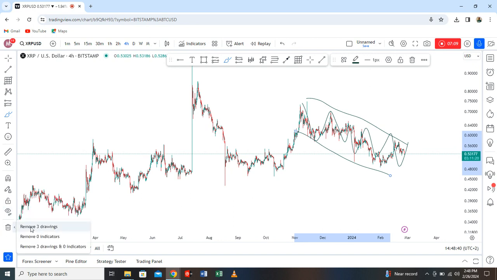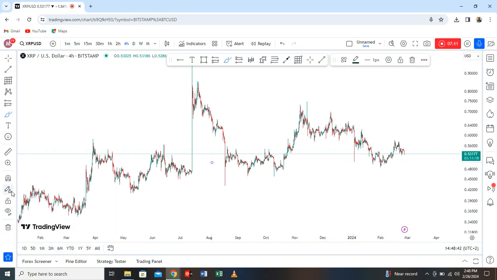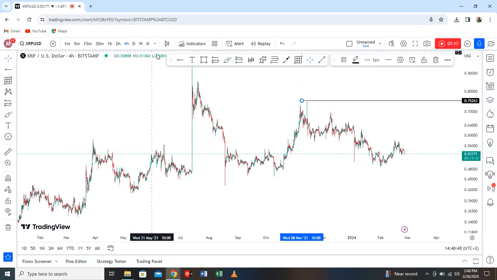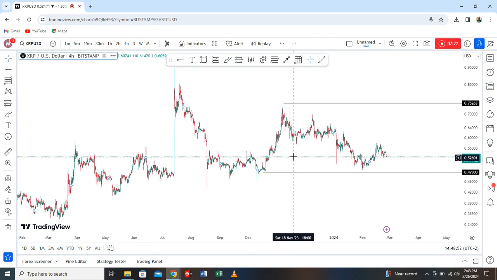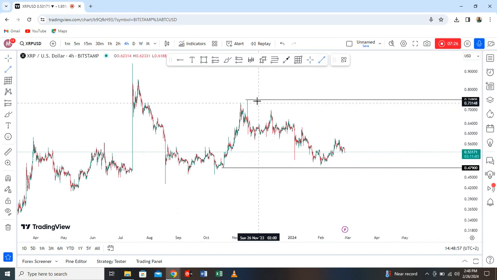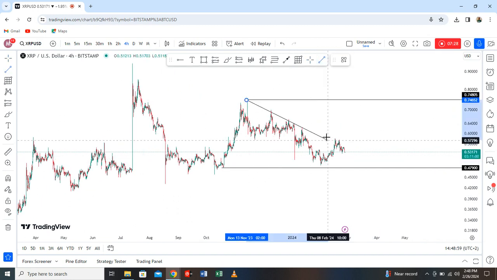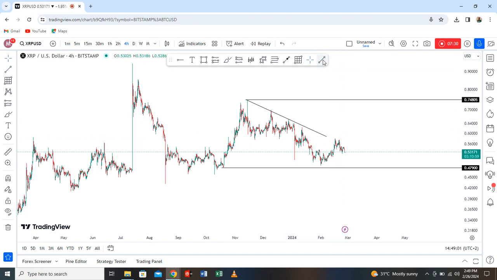So when I start analyzing this one directly from 4 hour time frame, let me just clear everything here. Let me mark this important high and this important low over here. Already I can see a pattern. Let me mark it, and the other one here.